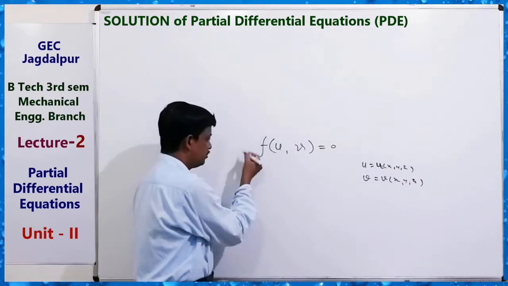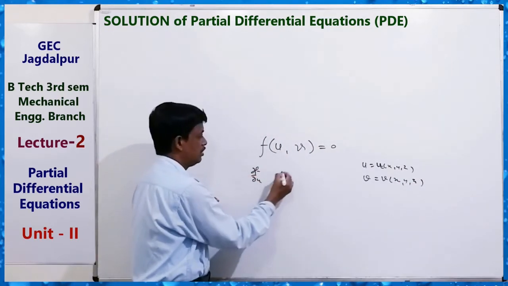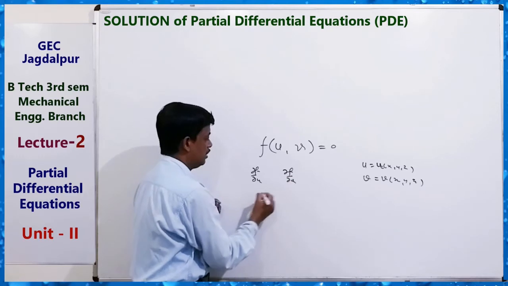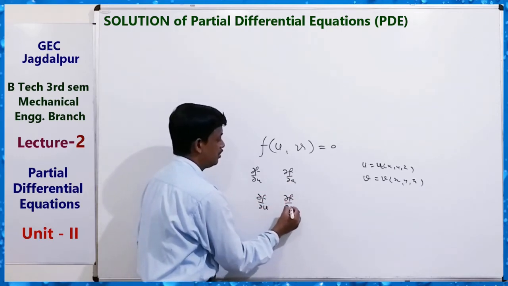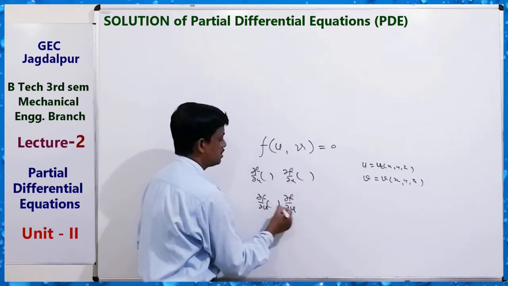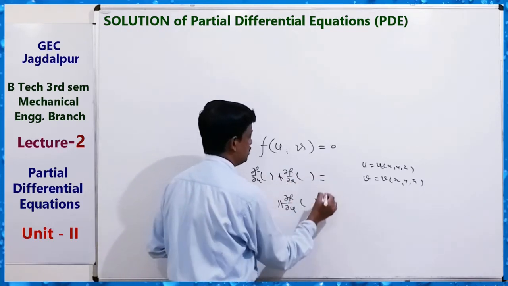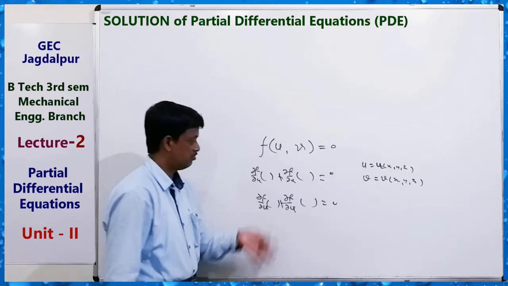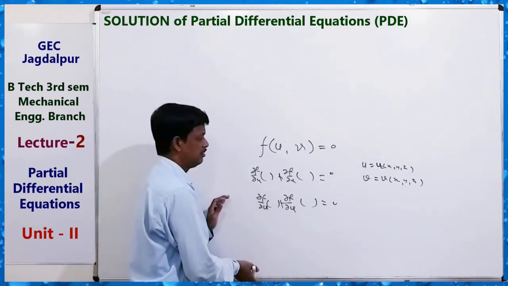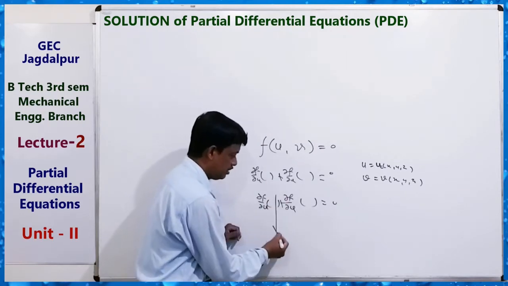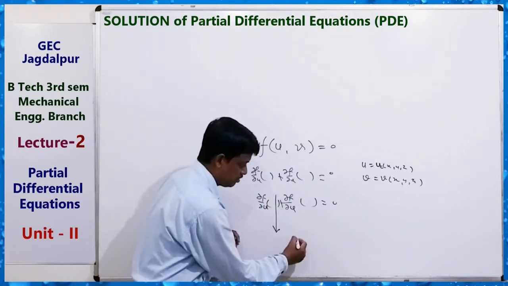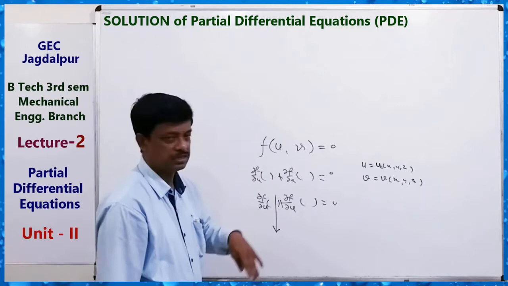Then by partially differentiating, with del f by del u and del f by del v, and solving, we find a linear differential equation, as we have already discussed.